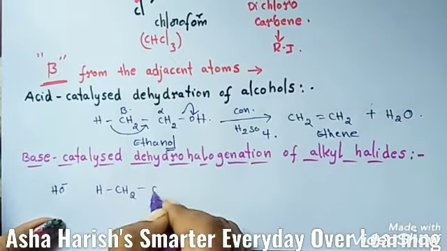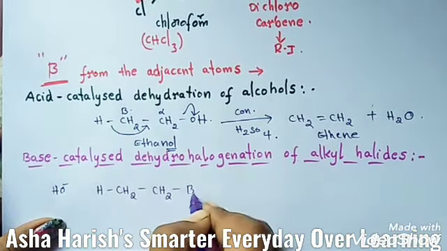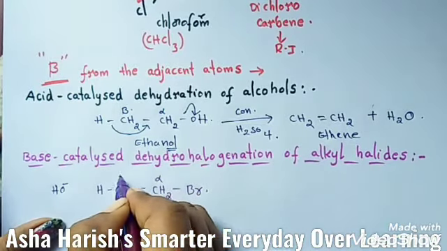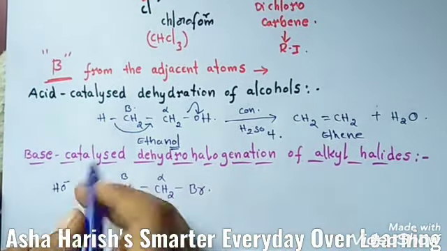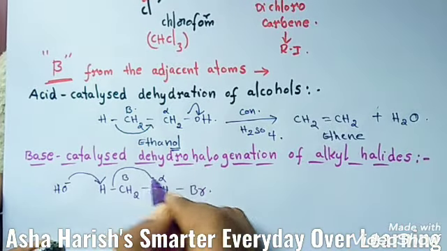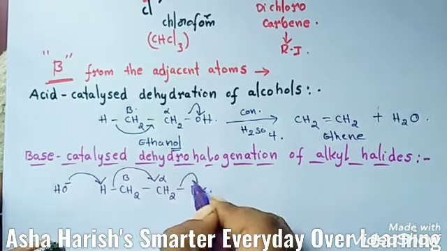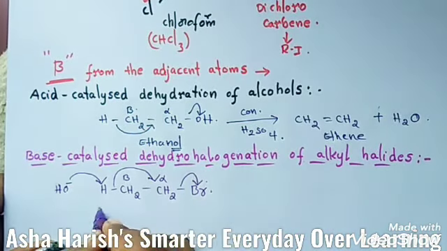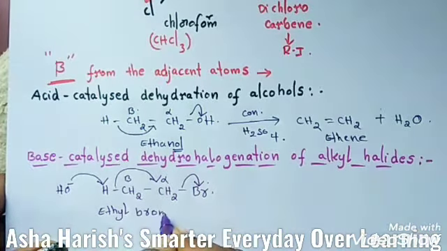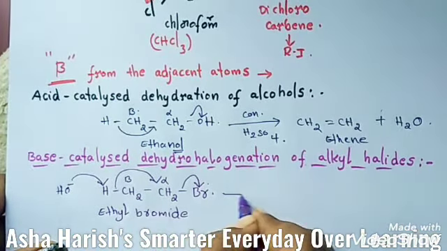CH3CH2Br. So here is the alpha carbon, here the beta carbon, and the electrons shift towards this carbon like this. The name of this compound is ethyl bromide.